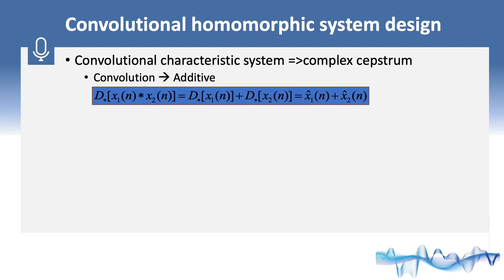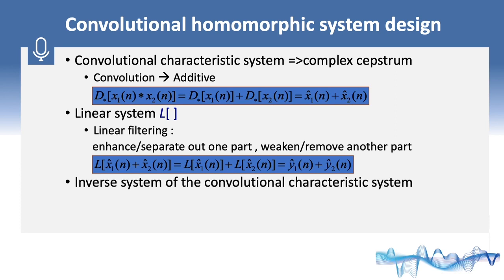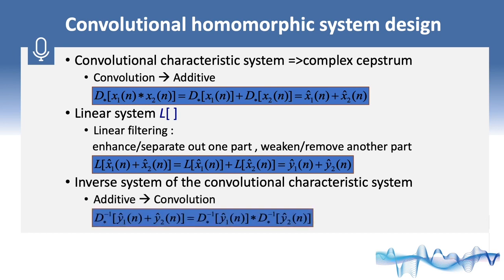The second system is the linear system, which is a kind of linear filtering to enhance or separate out one part of the signal, while weakening or removing another part. The third system is the inverse system of the convolutional characteristic system, which converts the operation of additive back to convolution.